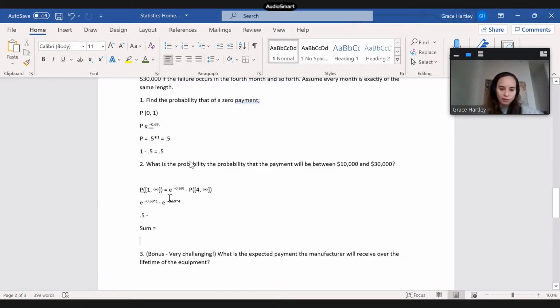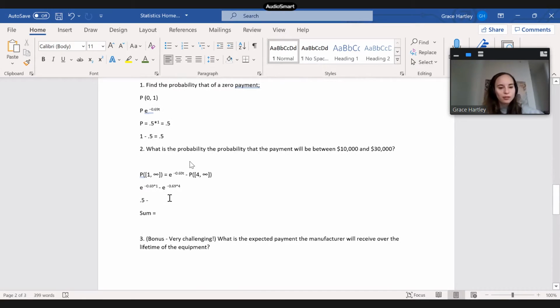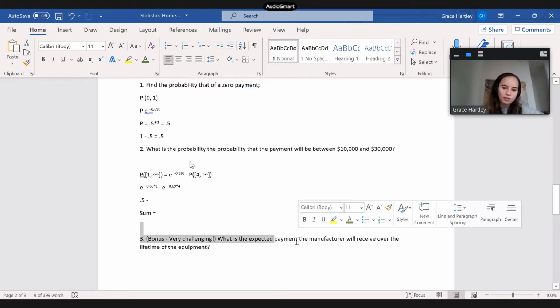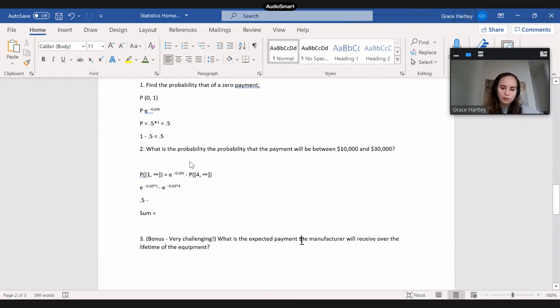But a hint is that whenever you calculate the expected value, the expected payment, you use the payment multiplied by the probability. That is the expected payment, right? So here you're going to use the payment.